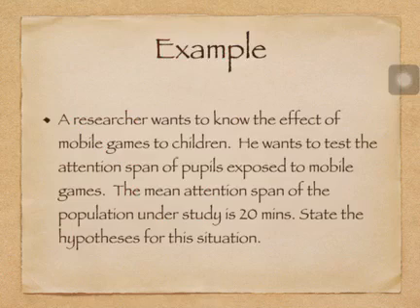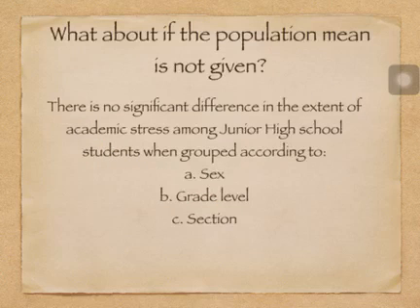So in this example, you might notice again that the population mean is given. But what if the mean of the population is not given and you need to compare two sample means, like what we have in our inferential question, which says there is no significant difference in the extent of academic stress among junior high school students when grouped according to letter A, sex, which means that one sample mean for male, one sample mean for female.